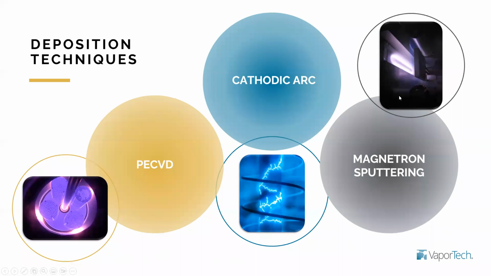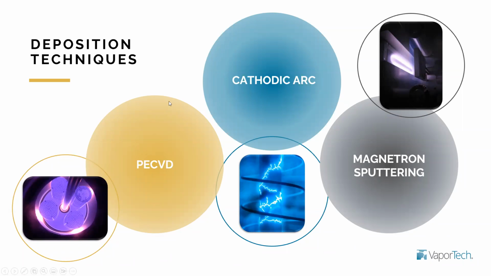So the two on the right-hand side, cathodic arc and magnetron sputtering, these are PVD type processes, physical vapor deposition. And what that means is that most of the material or part of the material that you're depositing on your part comes from a solid source, right?